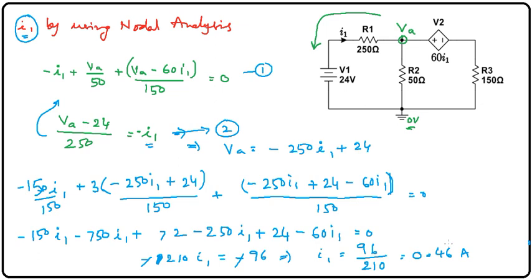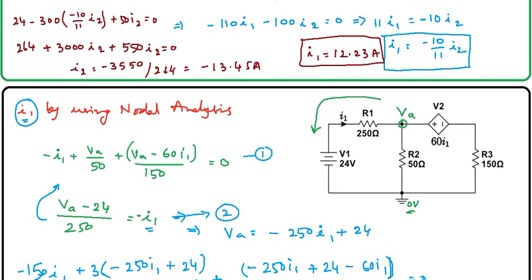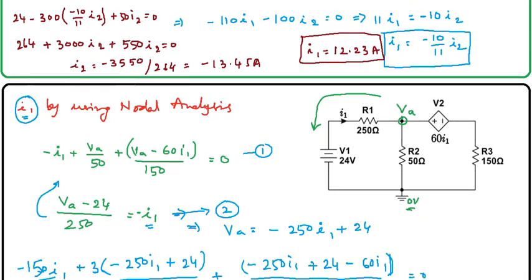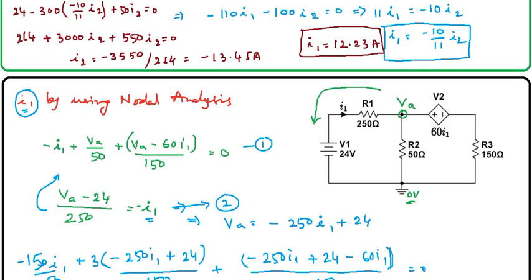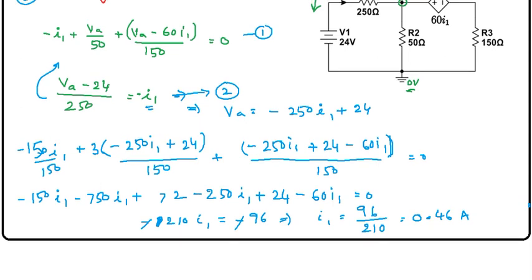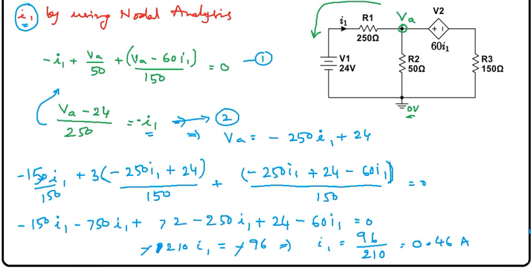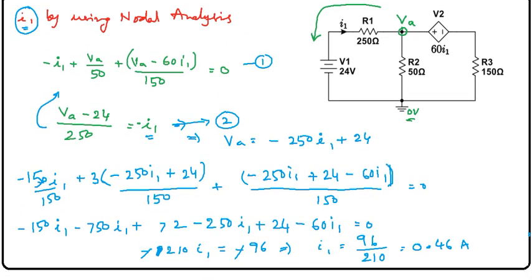So there is a difference between this one and the mesh analysis. In the previous case, I1 is 12.26, and here it is coming around 0.46 ampere. So I have done some mistake here. So please identify the mistake and please let me know so that we can solve it in a better way.